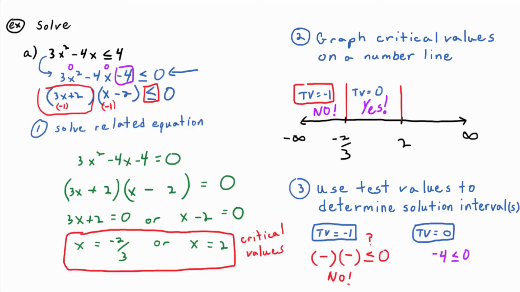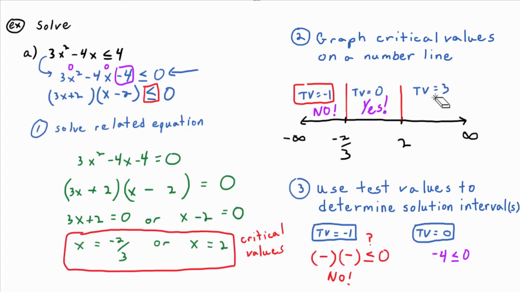Now, usually it does alternate, but not always, so you do have to test each interval. So what would be a good test value from the right-hand interval, 2 to infinity? 3. If it's non-zero, it's best to plug in the factored form.